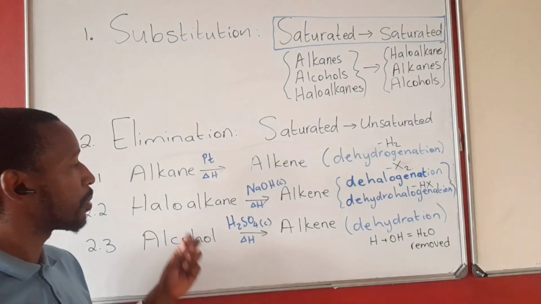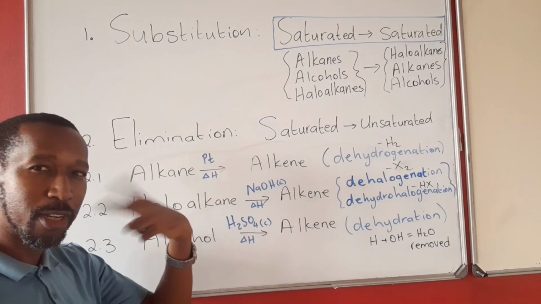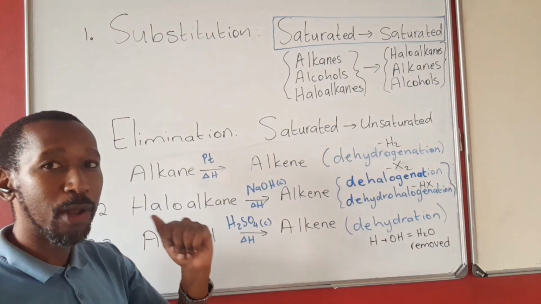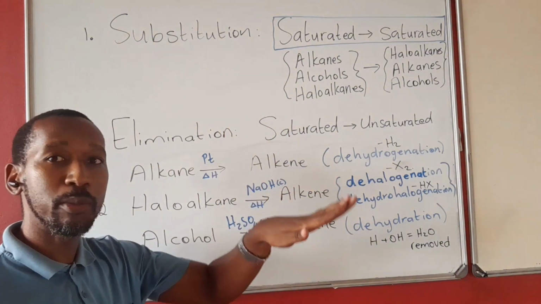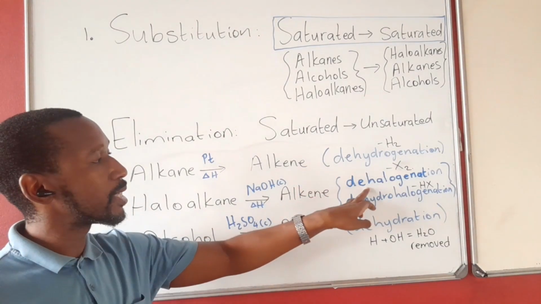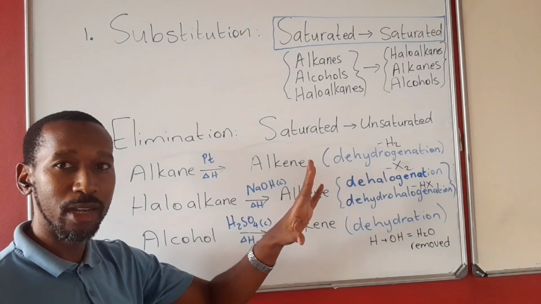Heat is required. So when haloalkanes become alkenes, two different reactions can happen. Maybe we had a haloalkane with two halogens. That means that the two halogens will be removed so that we have a hydrocarbon alkene. That would mean we have dehalogenation as the special name. Halogens were removed.